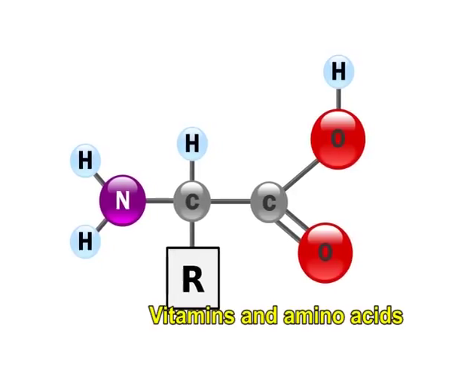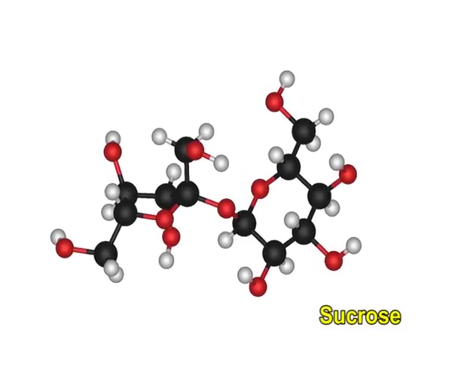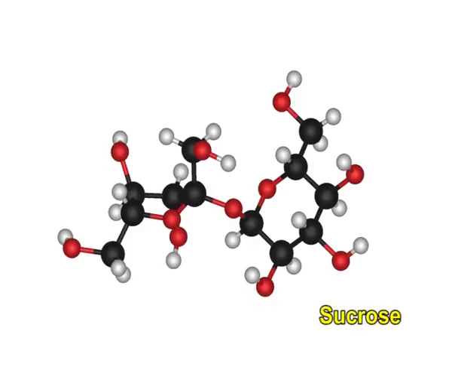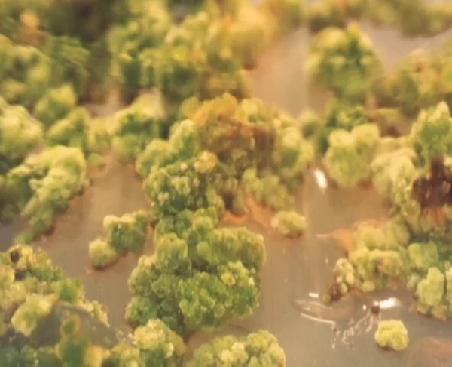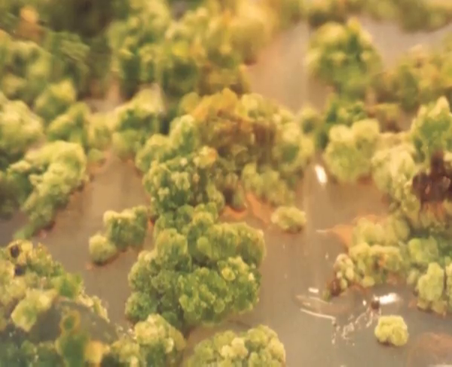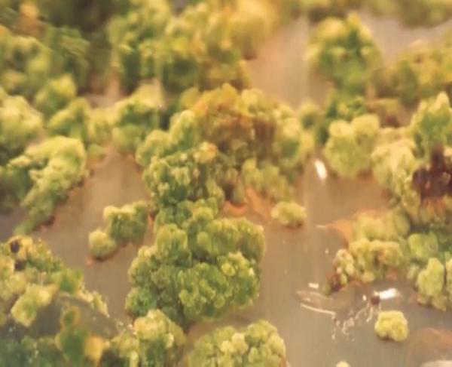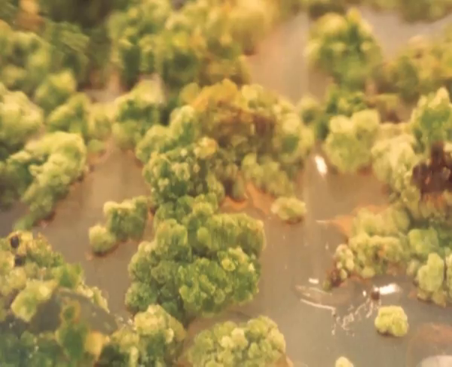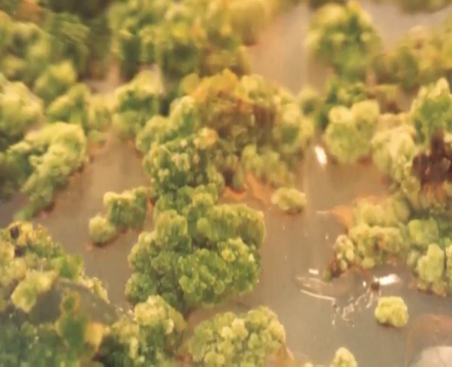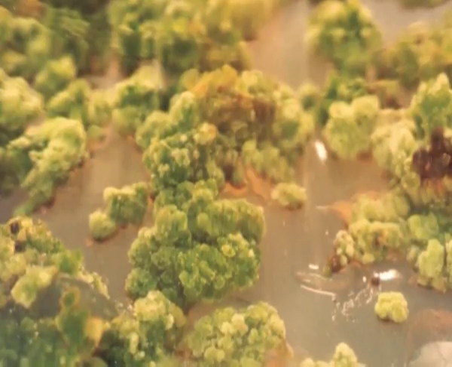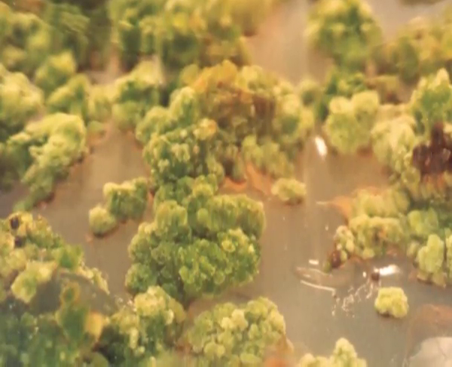And thirdly, a source of fixed carbon, which is usually supplied as sucrose. When cultured in an appropriate medium having growth regulators such as auxins and cytokinins, explants will give rise to an unorganized growing and dividing mass of cells, which are being called callus.